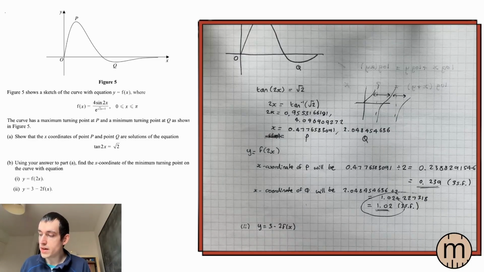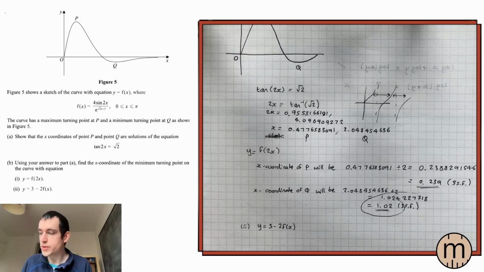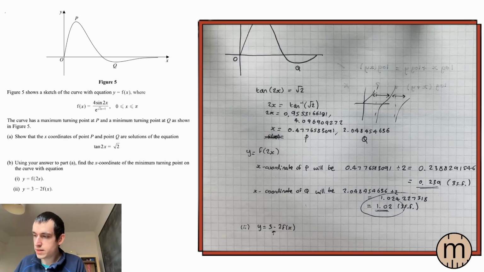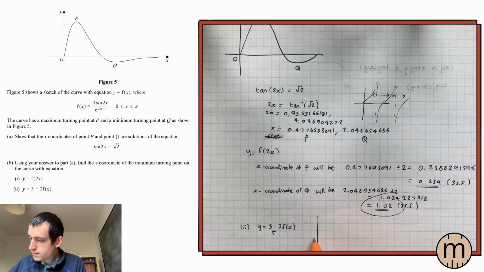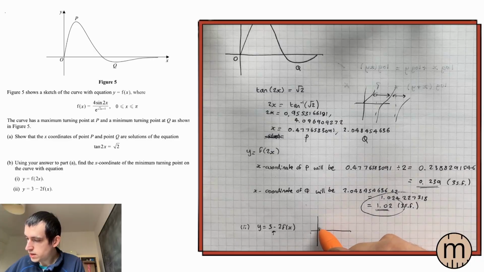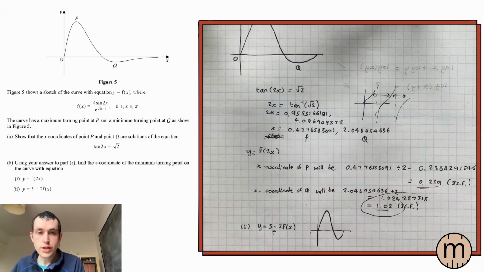And the 3 here represents moving the whole graph up by 3. Again, that's not going to affect the x-coordinate, so who cares? The only thing that we care about really is this minus. If I draw it, I'll draw the succession and you can see that the x-coordinate won't change. So first of all, I'll do 2f of x. 2f of x will stretch everything by 2 in the y-axis.